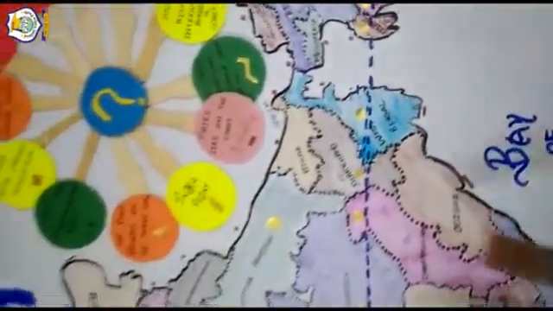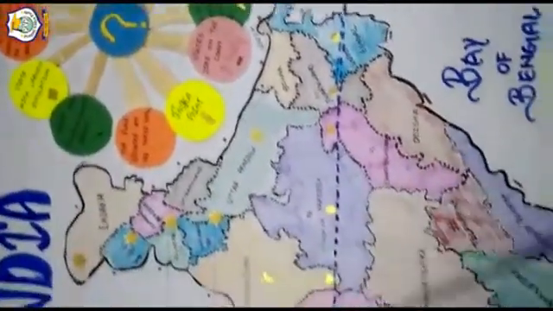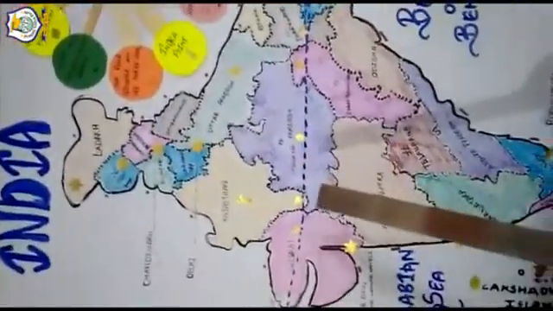So total 17 states are there which have an international border.